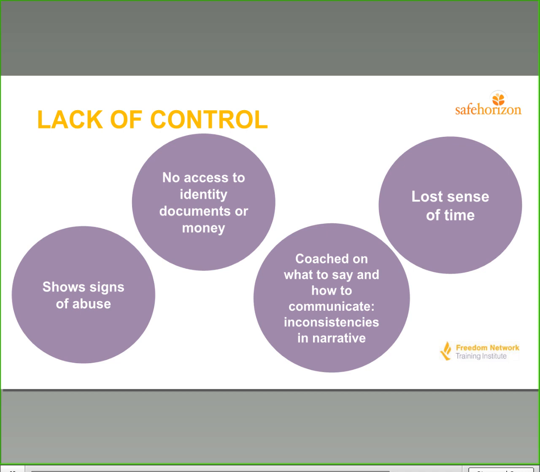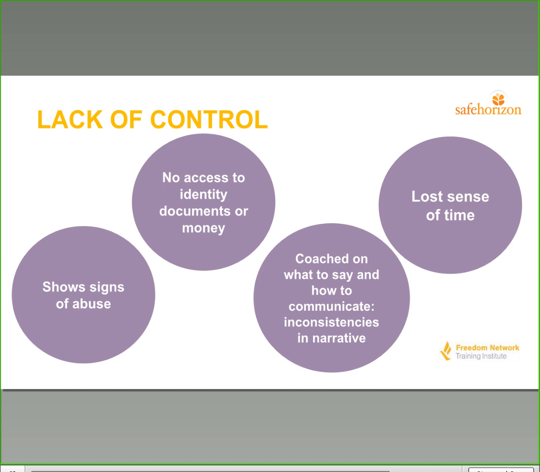And again, showing signs of abuse, that can look different in a lot of different ways, right? We understand the physical signs. We may understand some of the emotional signs, so maybe being withdrawn. I just want to highlight the fact that there is no standard emotion. There is no standard sign necessarily of abuse. It really can present in different ways.